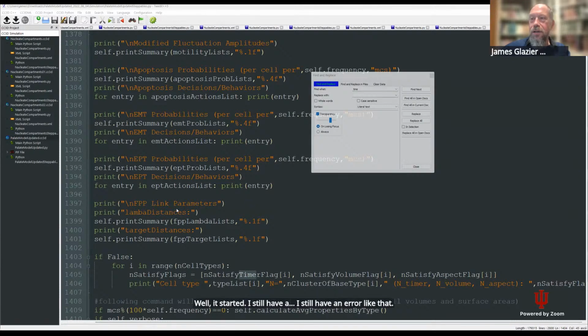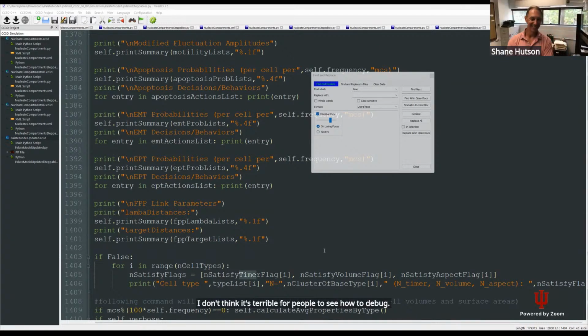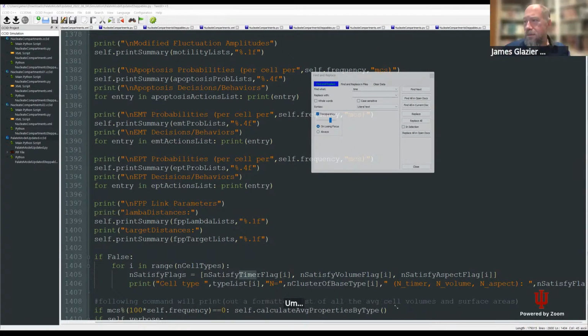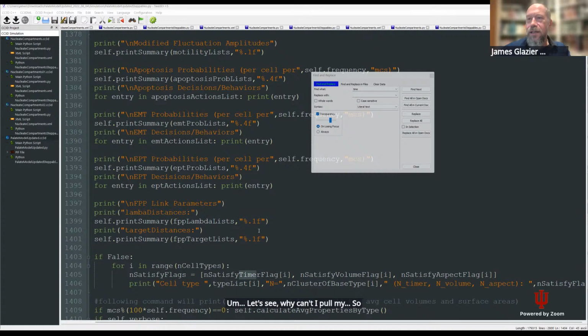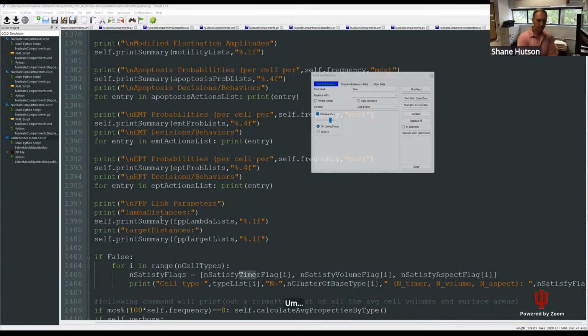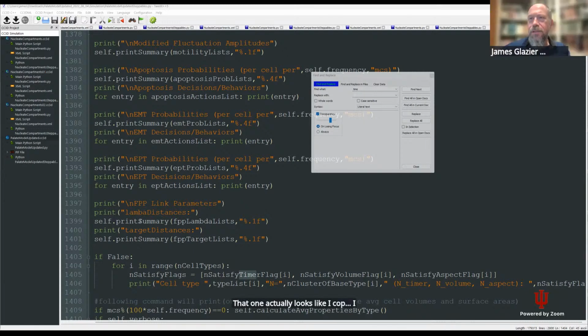I still have an error like that. I don't think it's terrible for people to see how to debug; it's something everyone will have to do. So the error is in line 871. That one actually looks like I commented out something that I shouldn't have.